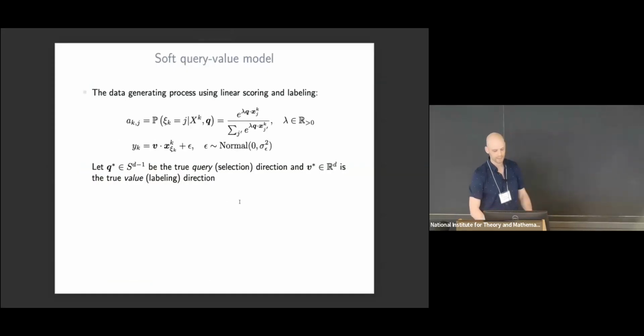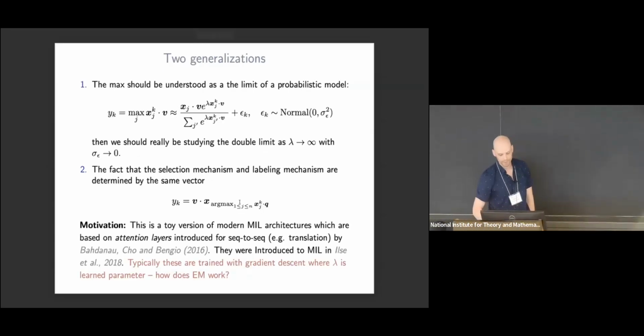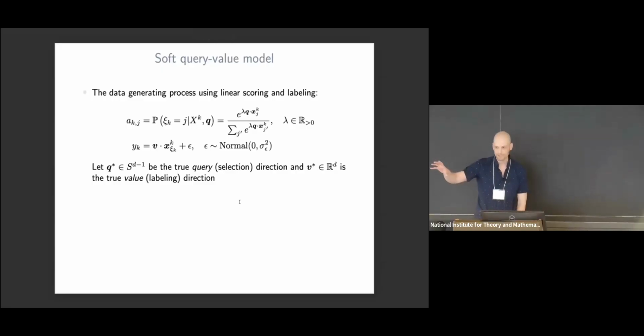Here is, more explicitly, the model we can consider. I'm going to define a probabilistic model such that when I take its limit, I get the model I put up in the second point over here. To connect the attention view and the latent variable view, I'm going to think about sampling the assignment from some distribution which comes from this softmax function, and then adding noise to the label.